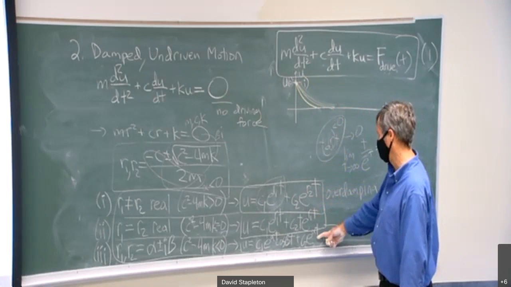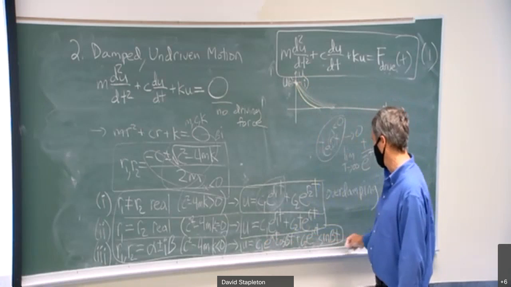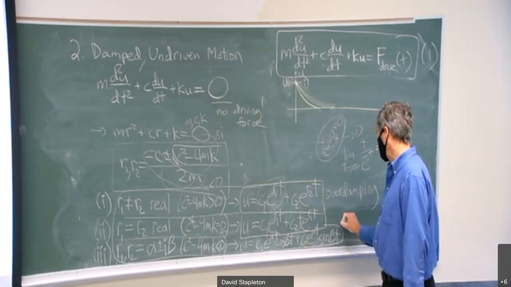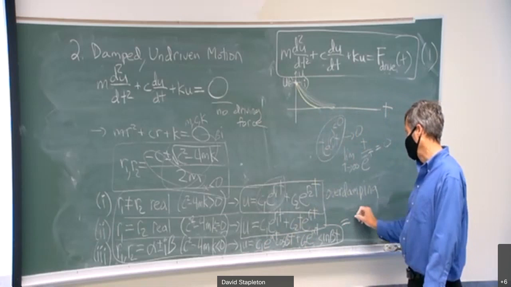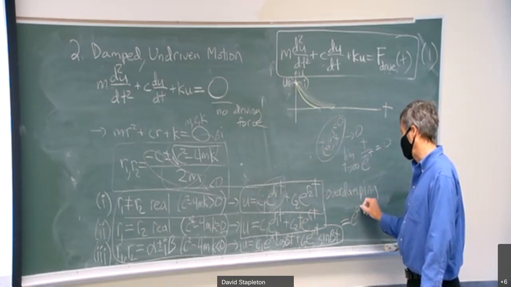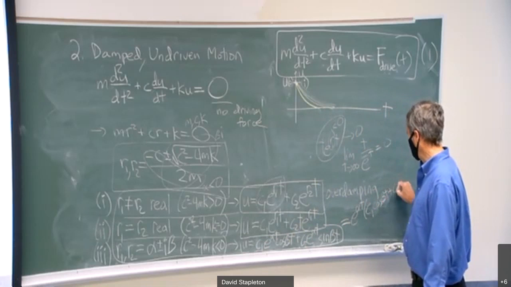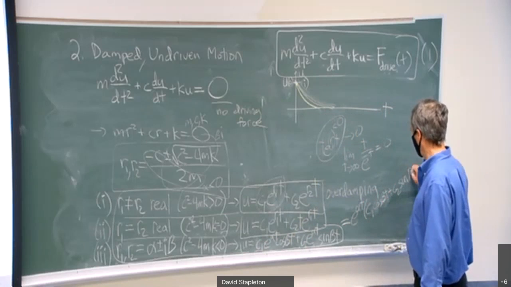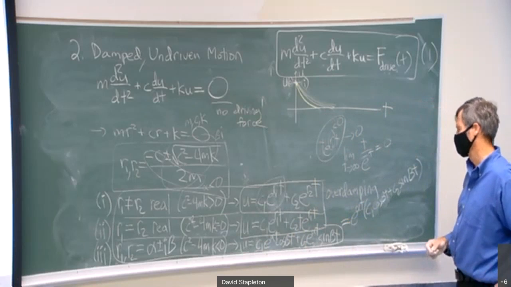And then this case here, what does this look like? Here's a trick. We use our old trick from the undamped undriven motion. We write this as e to the alpha t times c1 cosine beta t plus c2 sine beta t in this third case. And what's that look like now if I factor out the e to the alpha t there?